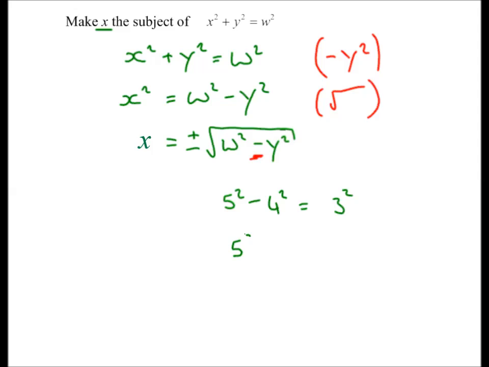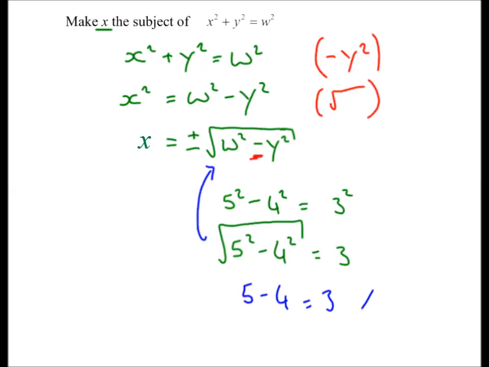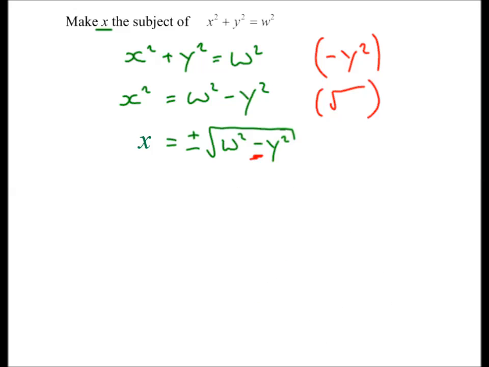But 5 squared minus 4 squared square rooted is equal to 3. So here I've got something like we had before. This is like this line. And when I think about it, I can't say 5 minus 4 is equal to 3. That's not right. So I cannot cancel the square root and the squares. I just have to leave it how it is. So just be really, really careful with that. It's a really common mistake. That's why it's in this booklet.